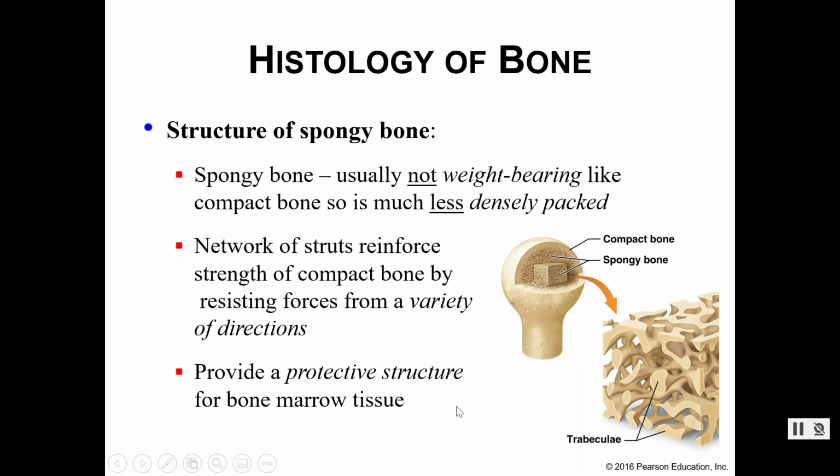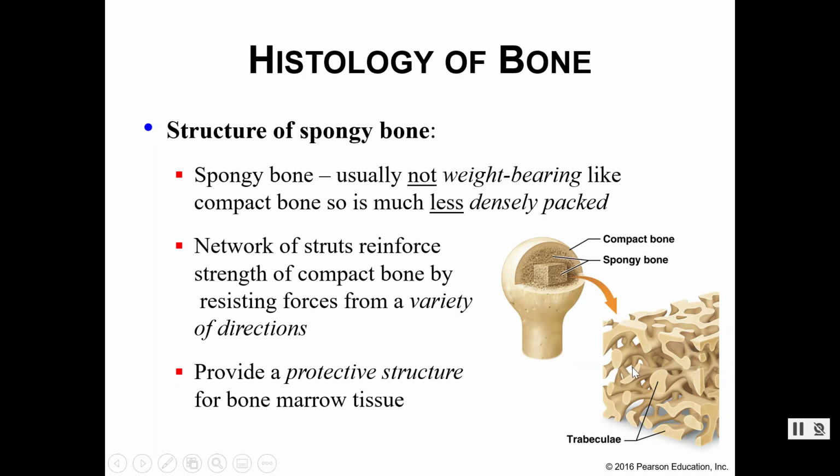Now, spongy bone. Your spongy bone is usually not really weight bearing like your compact bone, and so we don't have those osteons to speak of here. Instead, we have these struts. They're called trabeculae. But even though we're not weight bearing, it's not like these are super fragile.